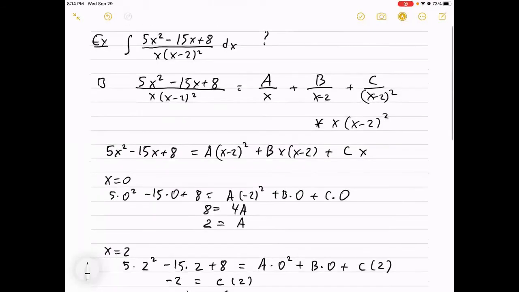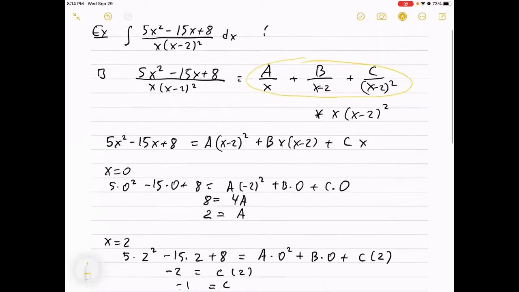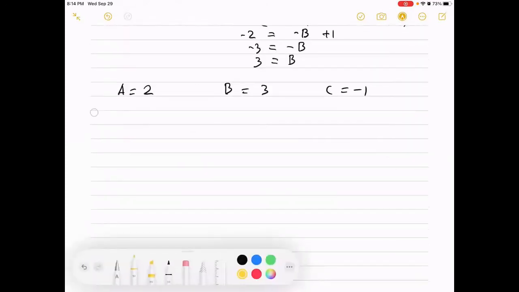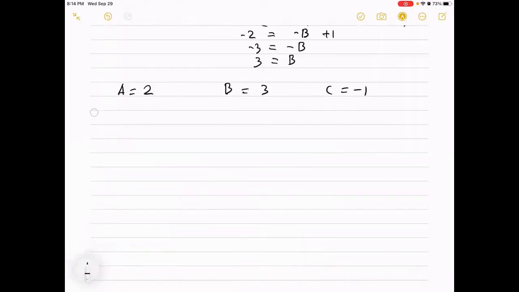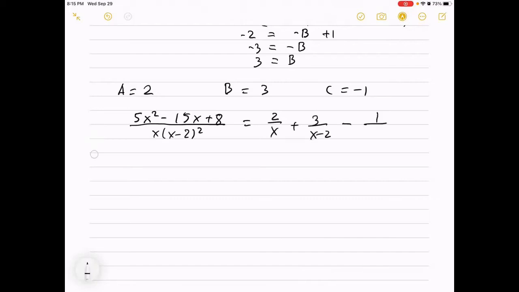We're going to substitute that into our expression right here. So let me rewrite it so it will be visible. What we got is (5x squared minus 15x plus 8) divided by x times (x minus 2) squared equals A is 2 over x, B is 3 over x minus 2, minus 1 over (x minus 2) squared, since C is negative 1.